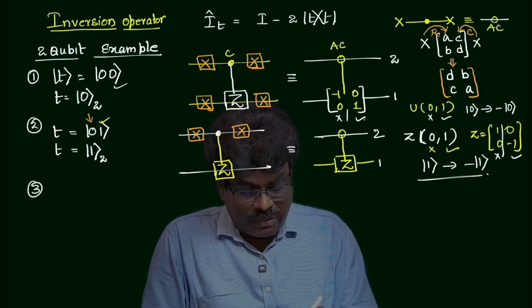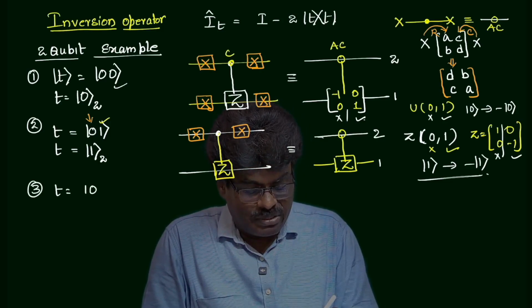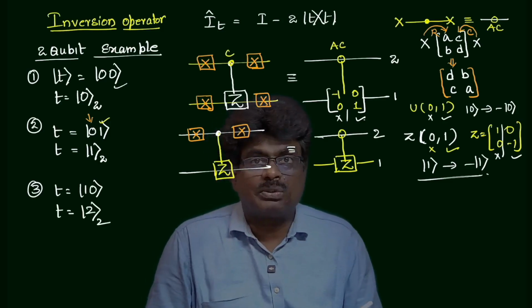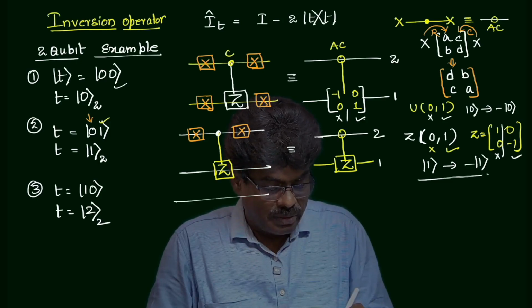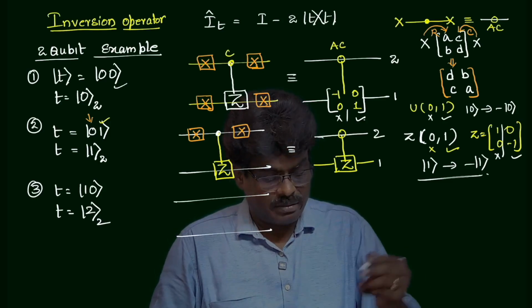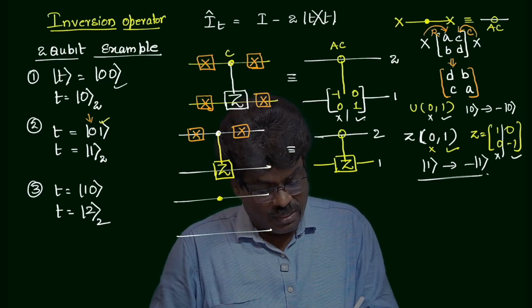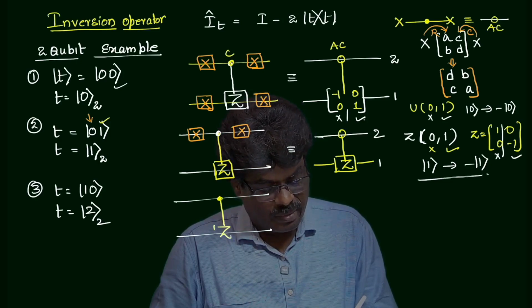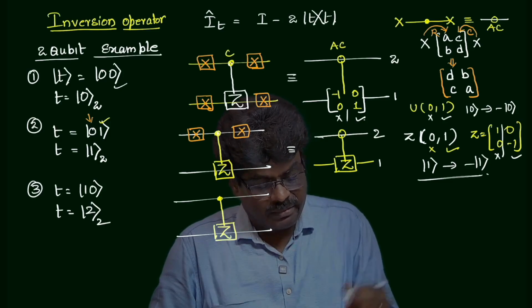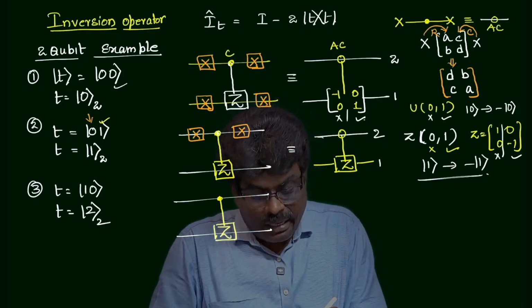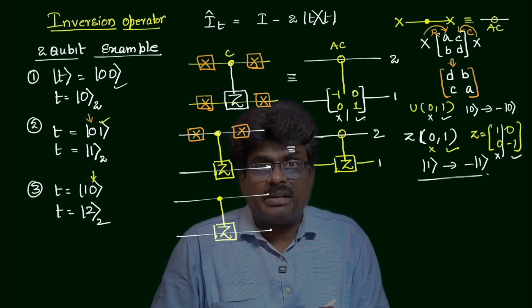Okay, take the third one. The target is 1 0. So in the decimal state notation I can write it as 2. So let me construct the oracle. Here as usual I'm taking this control Z gate, and if you see the LSB here, the starting one is 0.